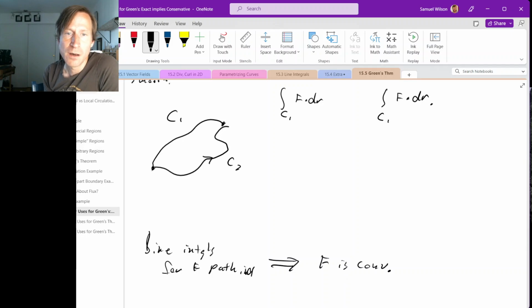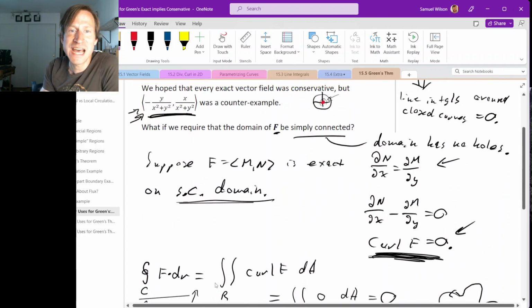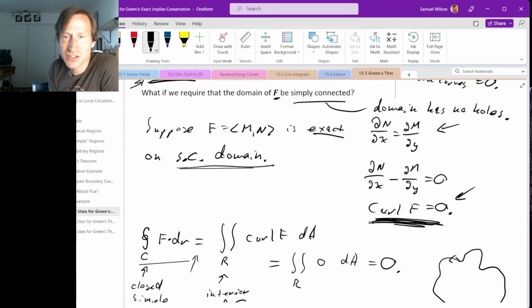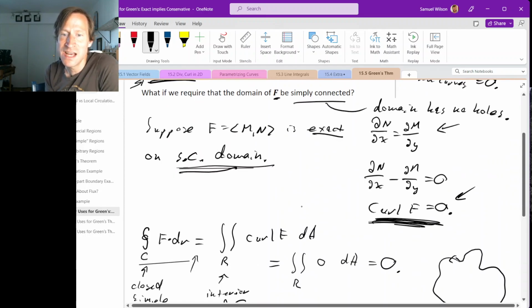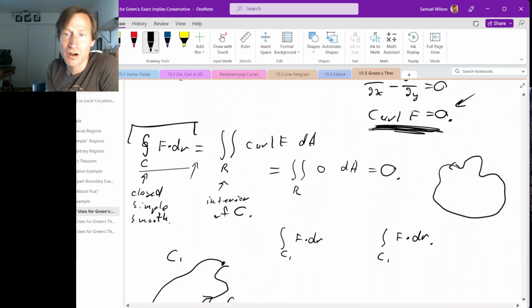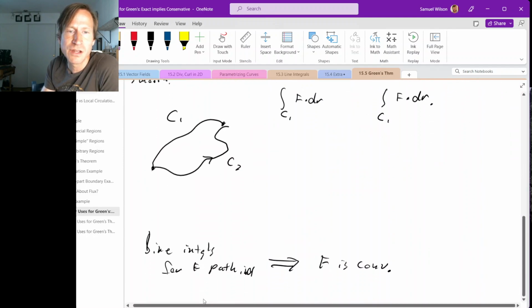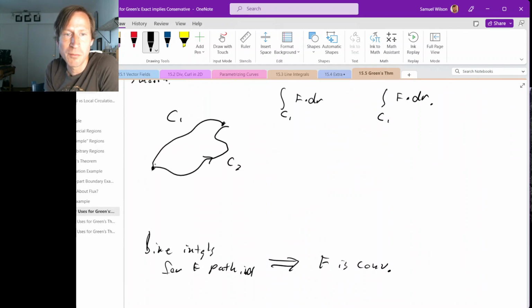Okay. So we now are in a position to know that if we have an exact vector field on a simply connected domain, then integrals around closed simple curves are 0. So why does that mean all line integrals are path independent? Well, if we have two paths from point A to point B, like this, we can turn C2 around.